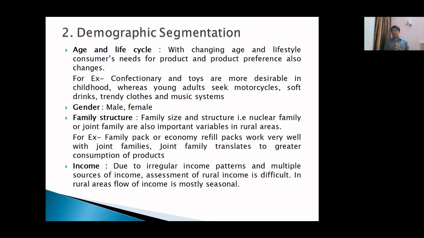Family structure, the family size, the structure of the family, that is whether it is nuclear family or joint family, is also one of the important variable in rural areas.